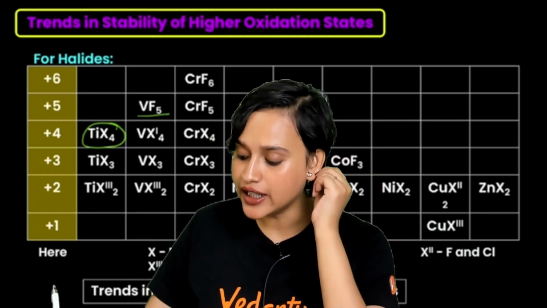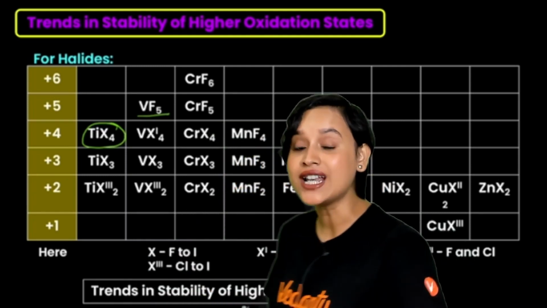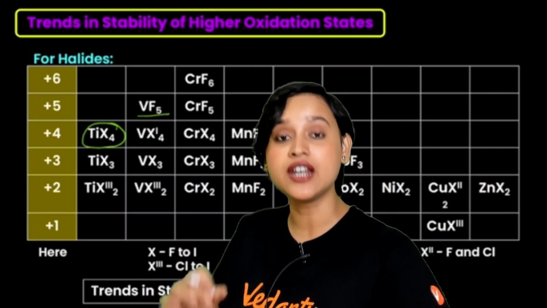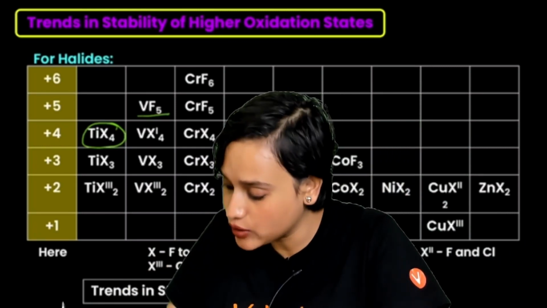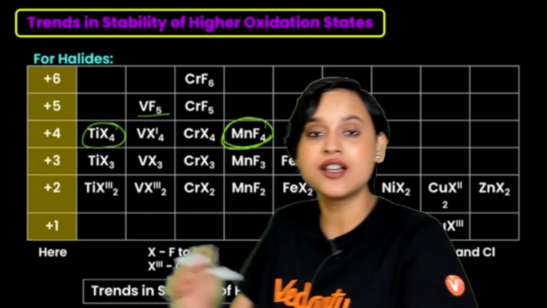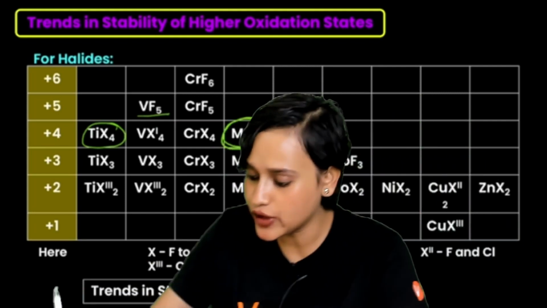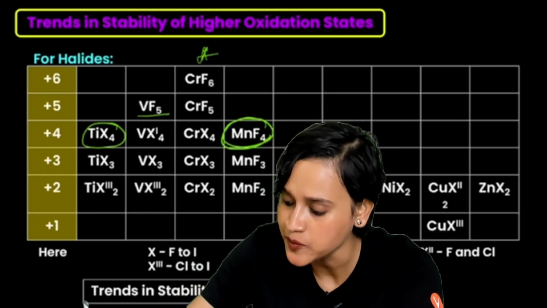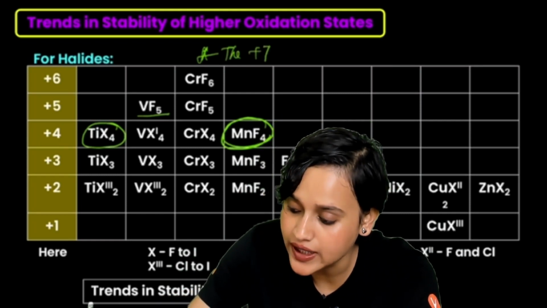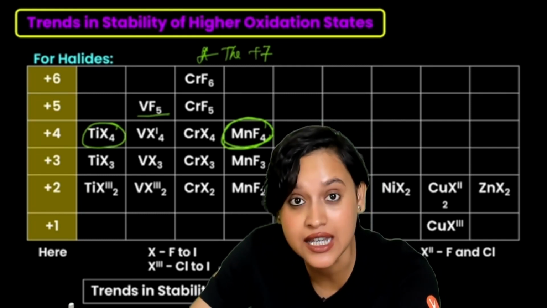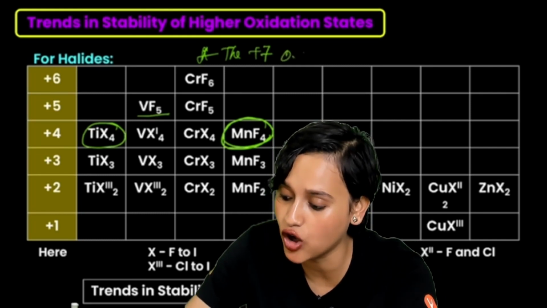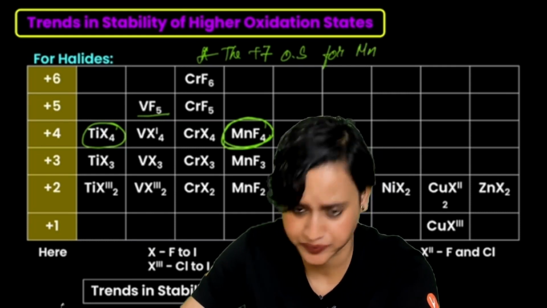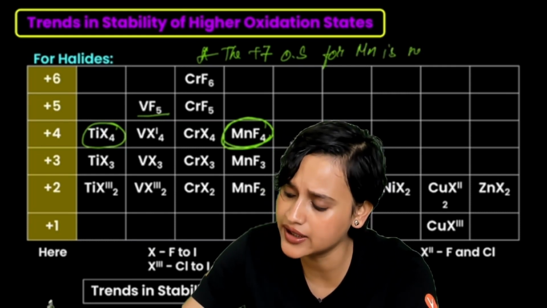Actually, this is written in your NCERT book that Mn cannot show +7 oxidation state with a simple halide, okay? MnF4 is the only thing that you will be able to see. So let me write it down here, everybody. Please note it. The +7 oxidation state that you usually see with manganese is not seen, or not represented.